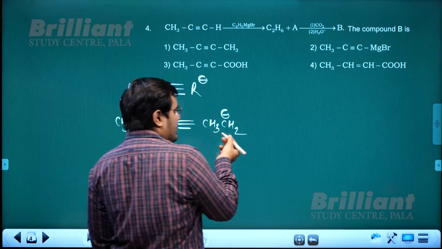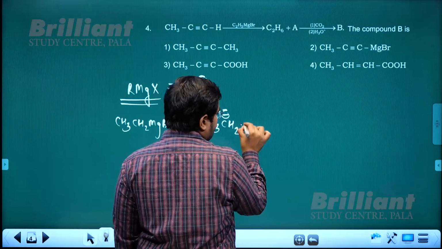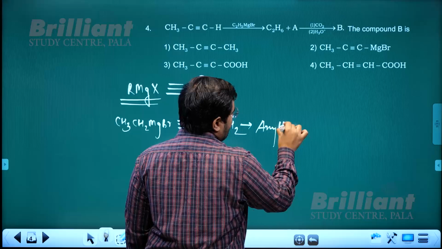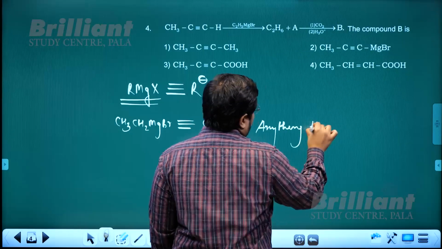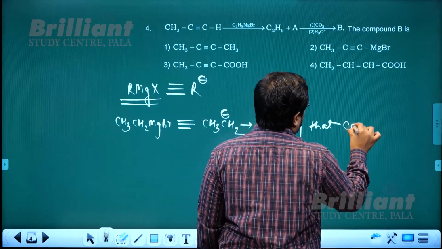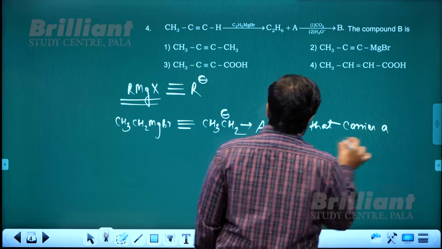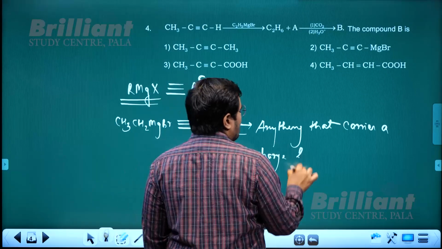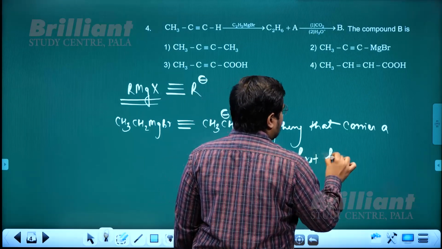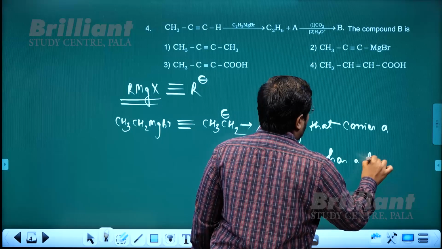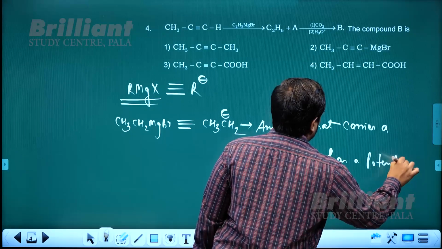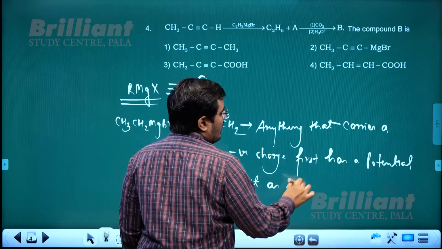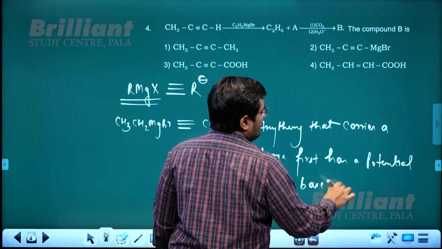Now I know this species carries a negative charge. What we know is anything that carries a negative charge first has a potential to act as a base, or as a nucleophile.